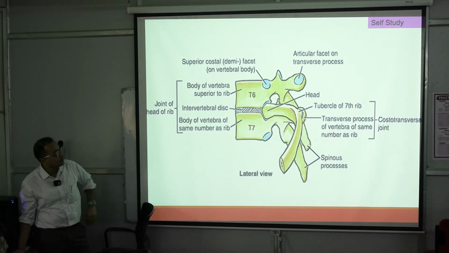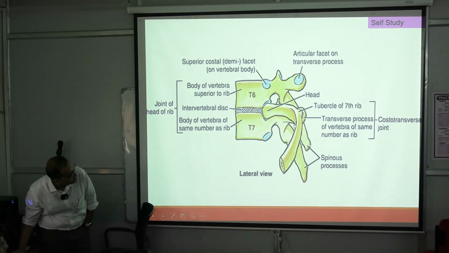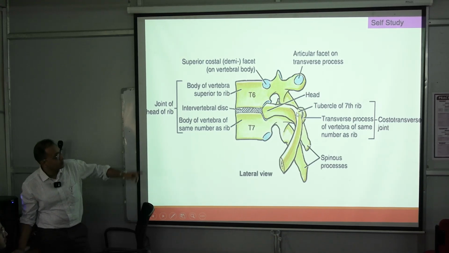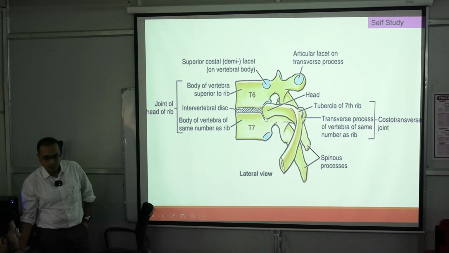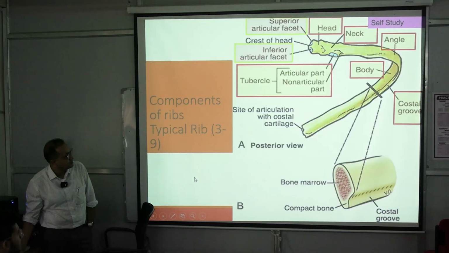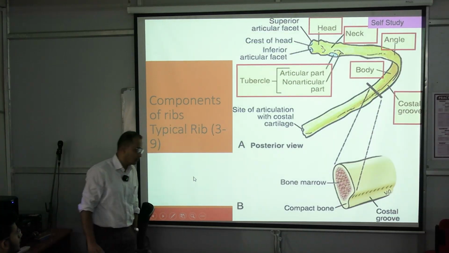The transverse process of the same number vertebra anchors to the tubercle on the neck region. This is how the whole thing helps to identify these ribs.